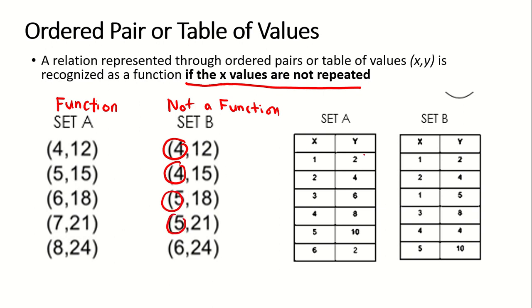Same goes with the table. Set A is a function while set B is not a function. Why? The x value 1 is repeated twice, so that is not considered a function.